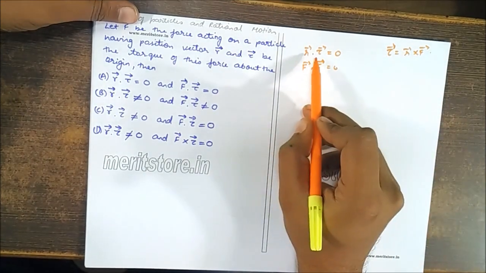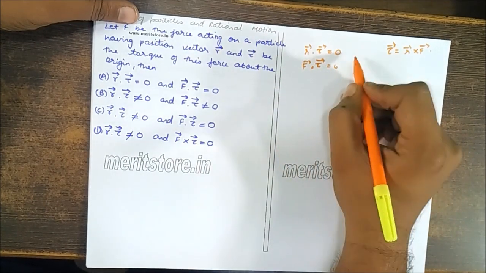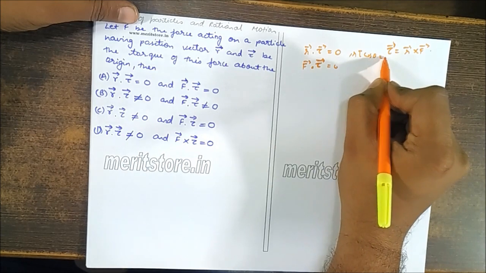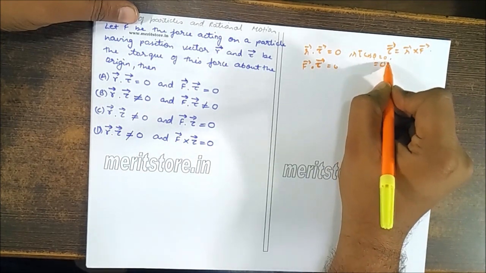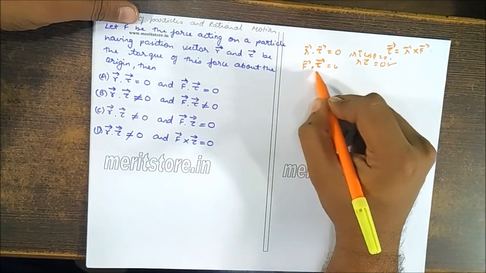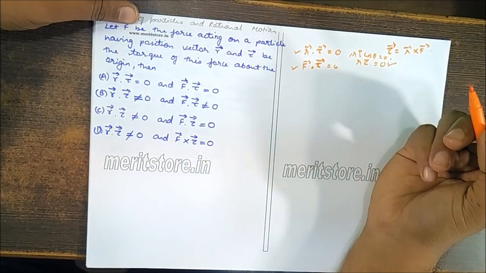So r bar dot tau bar equals 0 means r tau cos theta equals 0, and if theta is 90, this is correct. Similarly for F bar dot tau bar. So this condition is correct.